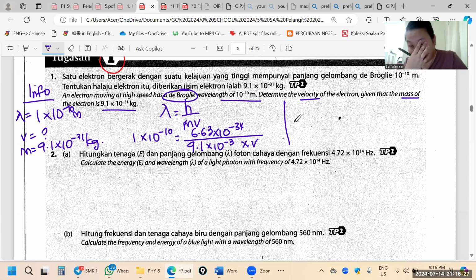So what do you want? You want v. So v, cross multiply up, lambda bring down. Or you can directly modify your formula from here: v equals h over m lambda.